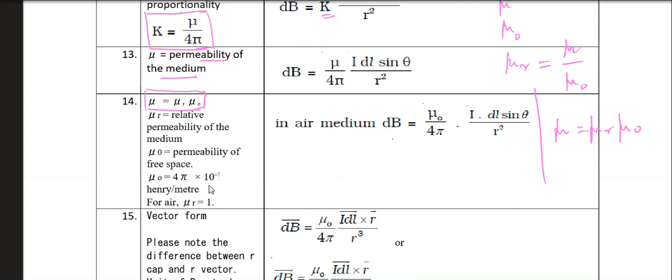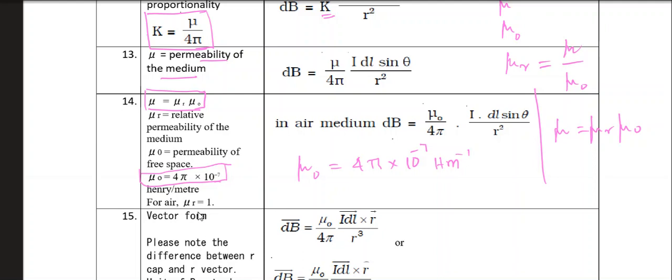Do you understand? If that is the case, we already know mu naught is 4 pi into 10 power minus 7 Henry per meter.